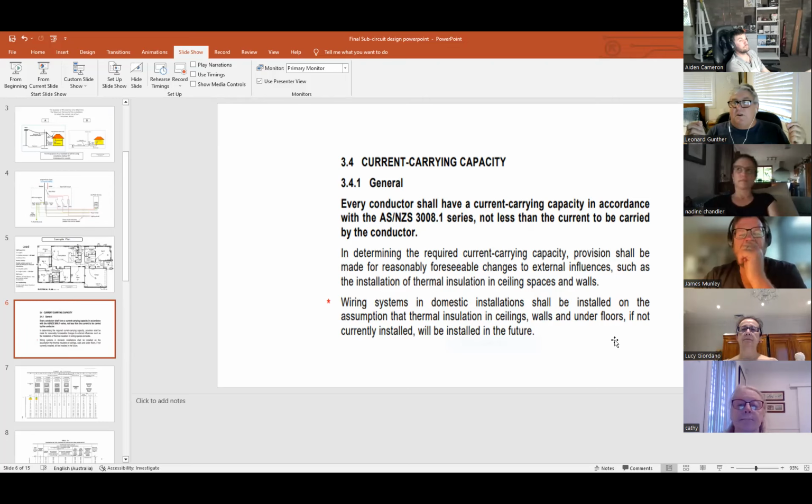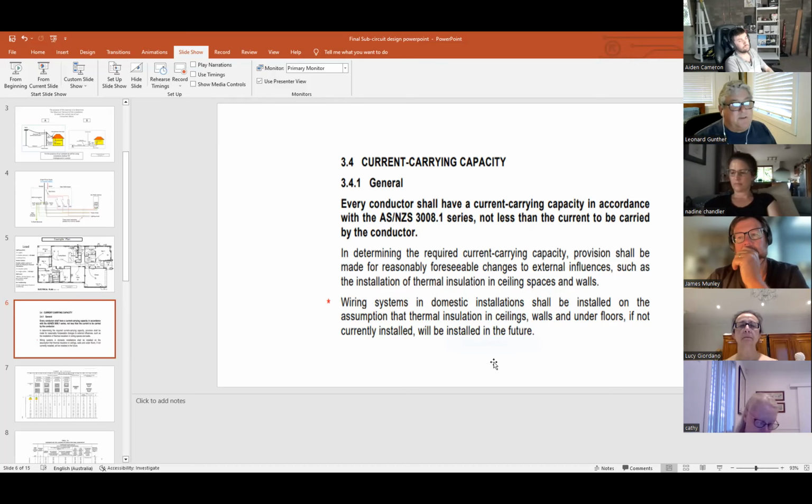We have to be aware of that, because it can affect the heat of the cable, and that can change our current capacity, because the more current you put through a cable, the hotter it gets. So we don't want to go over the heat rating of the cable, and we have to be aware of the fiberglass insulation.